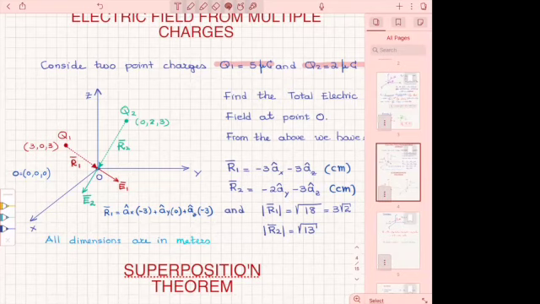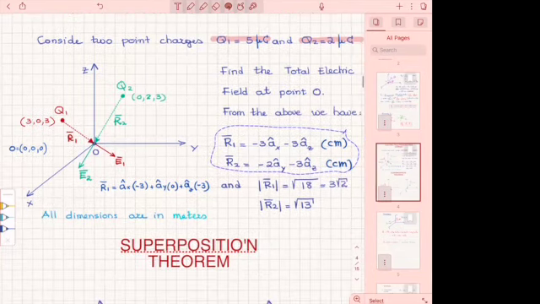First of all, I calculate the two vectors, R1 and R2, and they are both here. I calculate them from what we know about how to find vectors when you know the beginning and the end point.